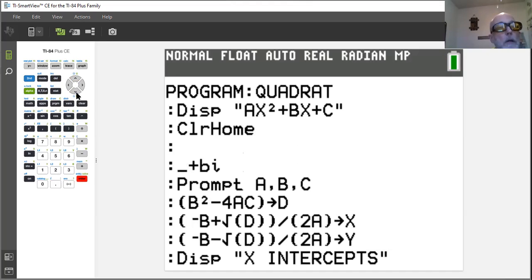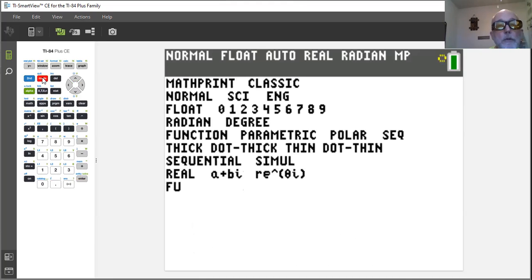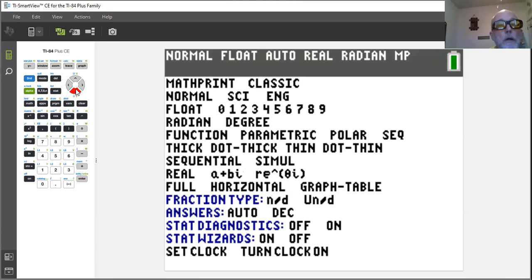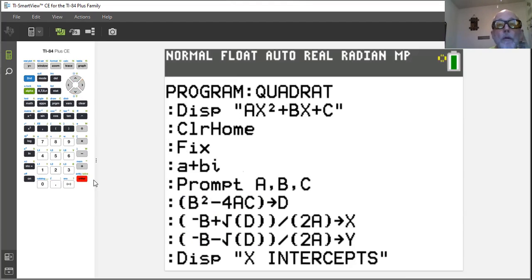There we go. And I am also going, if the answer is a decimal, I don't want to have 17,000 decimal places, so I'm going to fix the decimal to be just 3 decimal places. Okay, that's what I want.